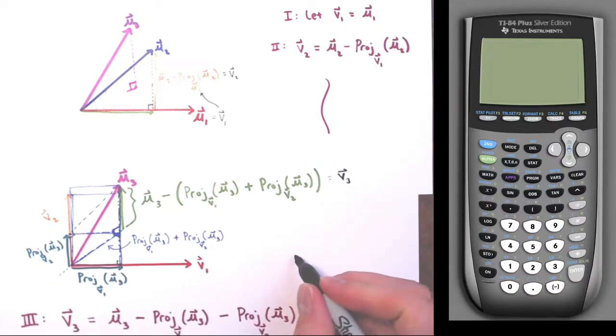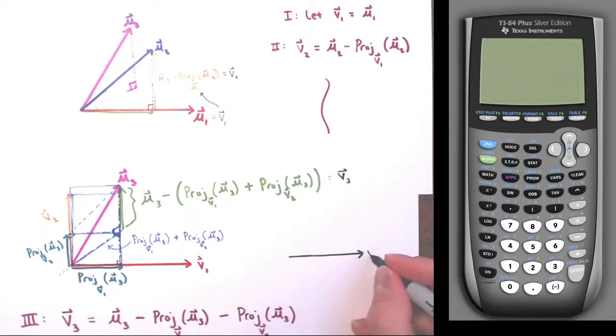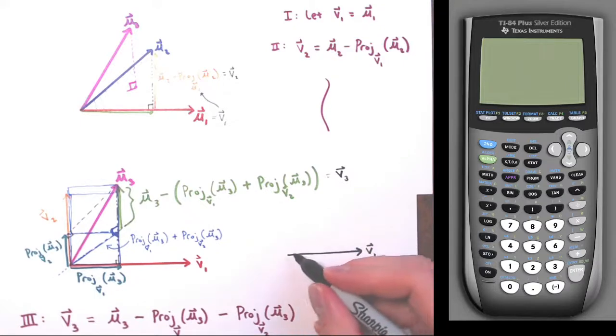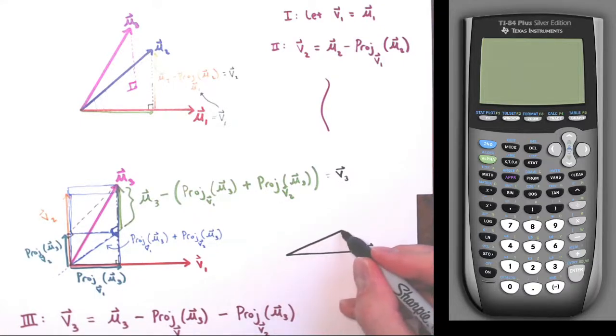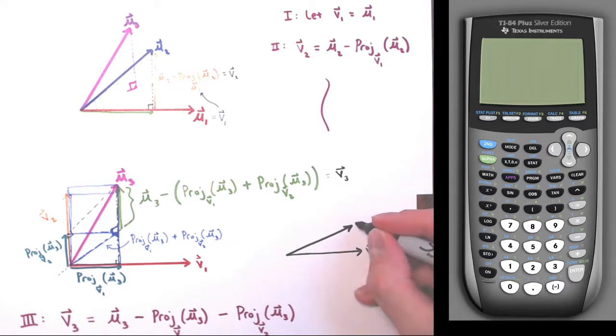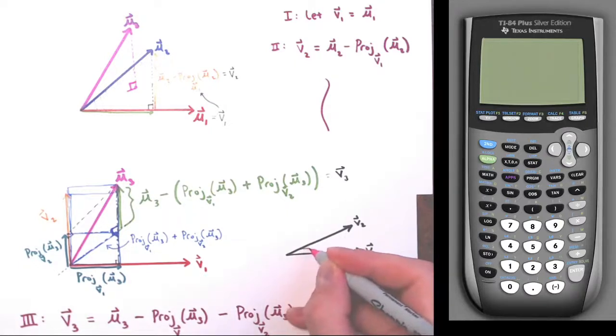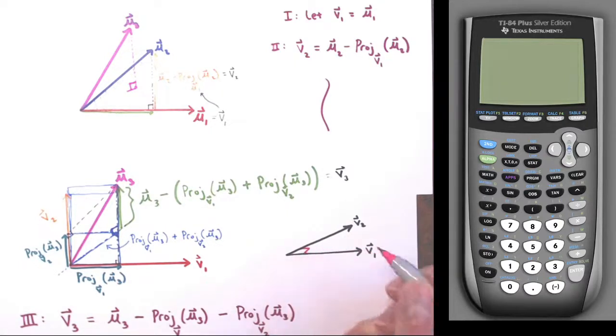Let's do this. So let's say this is V1, then this is V2, right? And they're perpendicular, right? Now I know it doesn't look like it, but I'll make a little perpendicular symbol here. There we go. Little box, right?